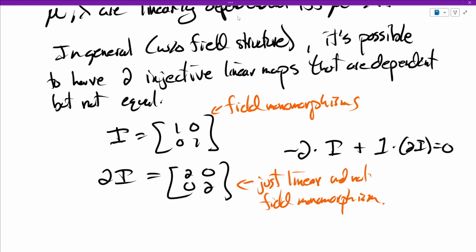That's what's going on here. So when we impose that they also have to respect the field structure, we get that they're dependent if and only if they're equal. And that's something we're going to elaborate on in this chapter. In the next video, we're going to prove it in the case when n equals 2, and then we'll go and set it up in the general case.